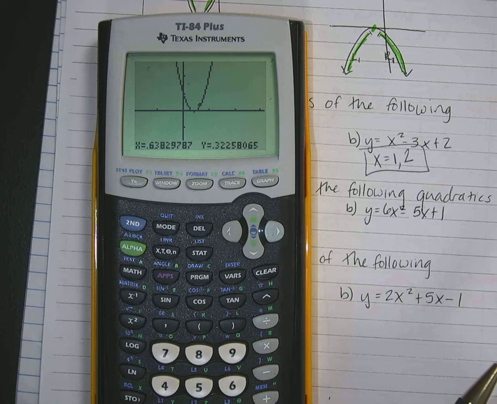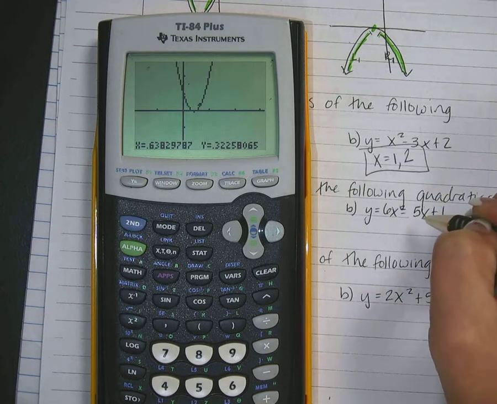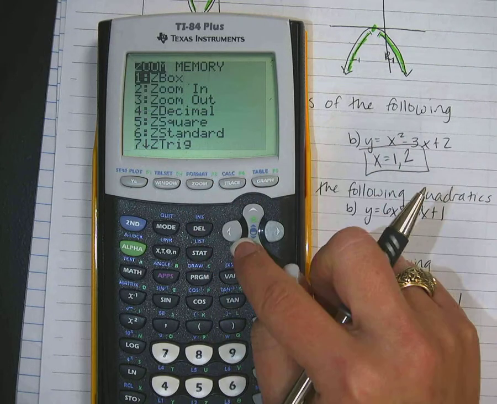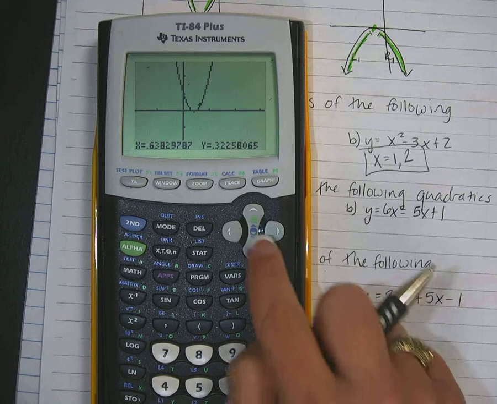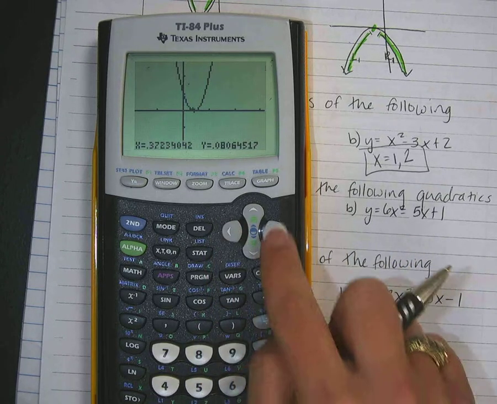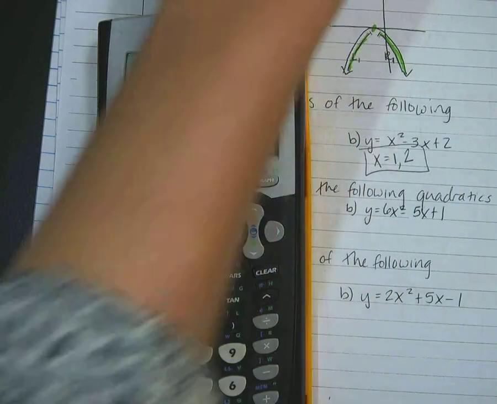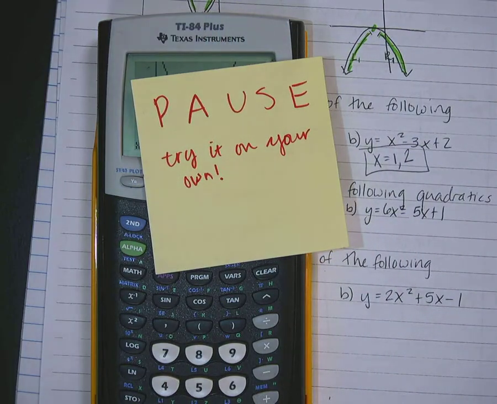Still pretty hard to look at. Zoom in one more time. Okay, so just zoom in twice on it and get real close in on it. Okay, so now, why don't you pause and try it on your own.